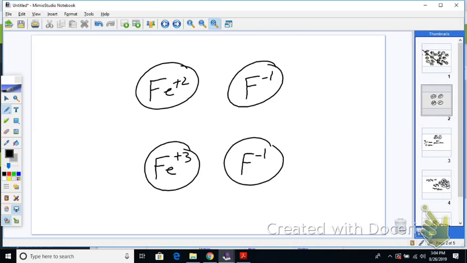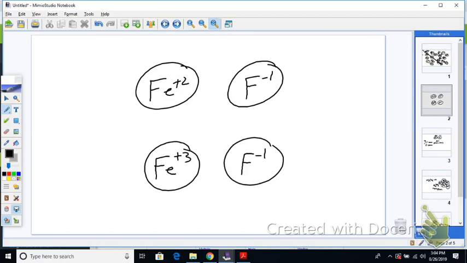Lost 2. And what happened to the iron plus 3? Lost 3. These are elements from the middle of the periodic table. And some of these metals from the middle of the periodic table tend to have multiple ways in which they can lose electrons. Some of them choose to lose a certain number of electrons more often than the other case.